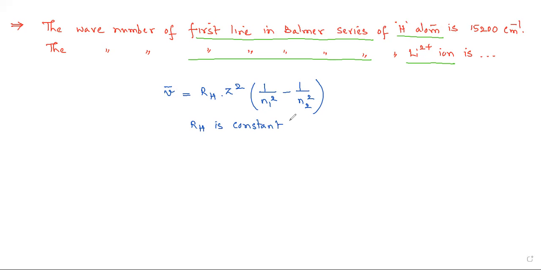They just get cancelled, RH is a constant. You know, because line and the series are same, even N1 and N2 are same.